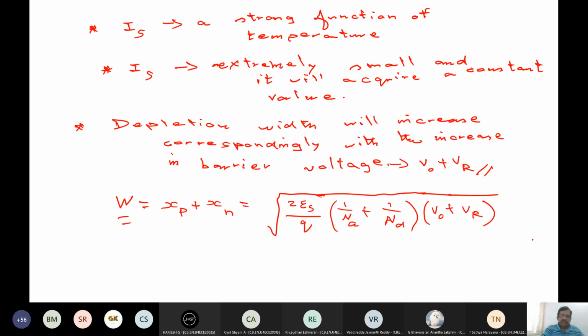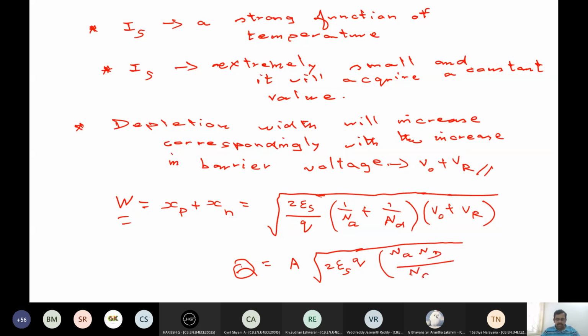Now, wherever V naught was there, the same thing holds good. We will also have the same expression. This is the expression we derived in the morning a little bit. Except for one expression I told you, if you remember, the rest we can derive quickly. It is Na Nd by Na plus Nd.